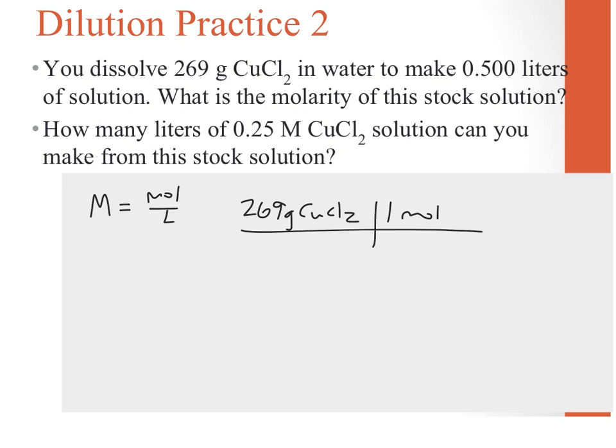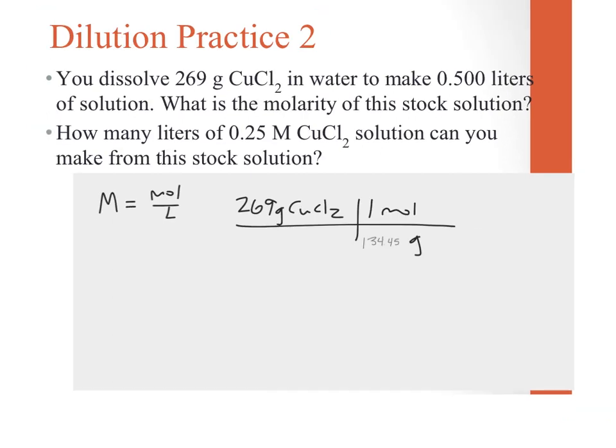I'll use my periodic table and I'll find that CuCl2's molar mass is 134.45. And if I take 269 divided by 134.45, I get 2.00 moles.